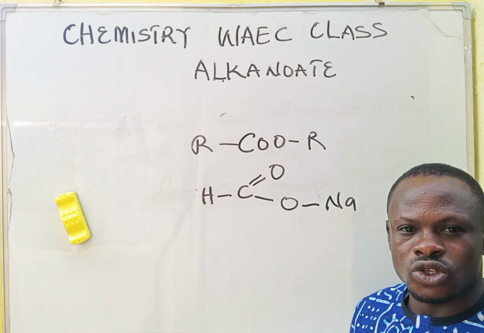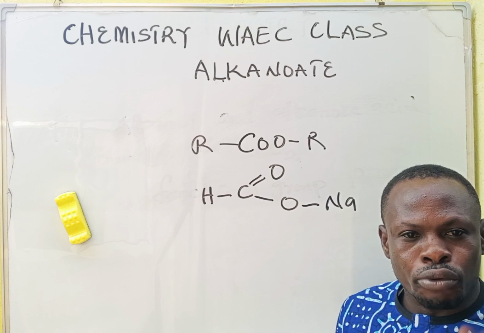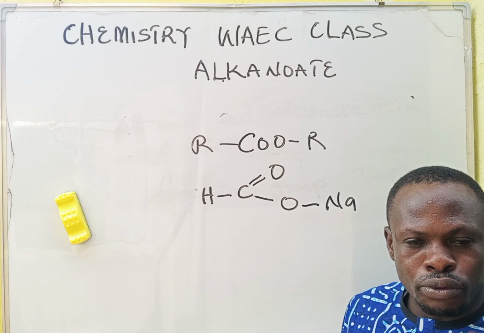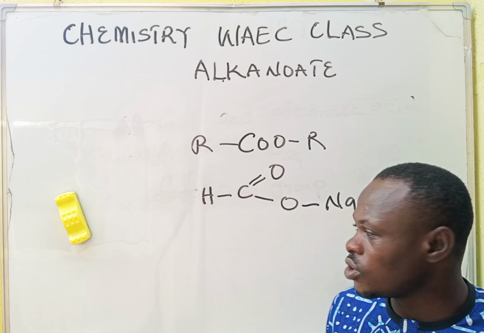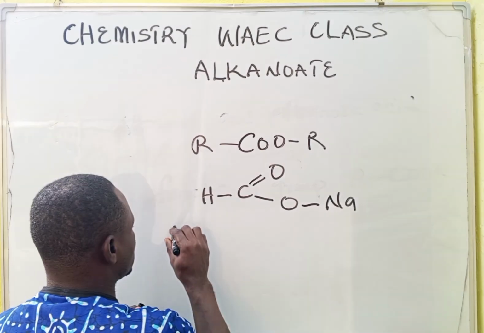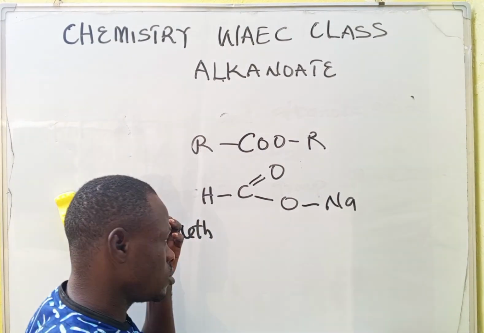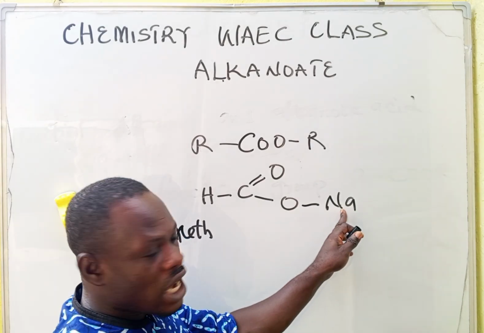Two carbon atoms is called et, three carbon atoms is called prop, four carbon atoms is called but. Go and search a video concerning that. So this one is one carbon atom, so it's called met.